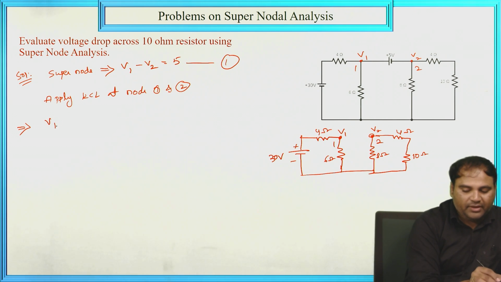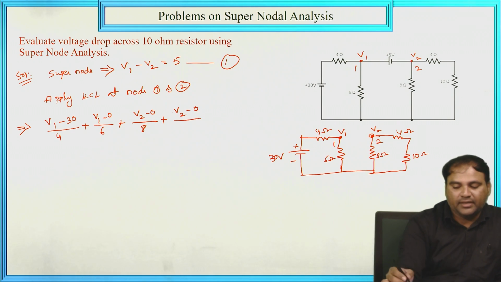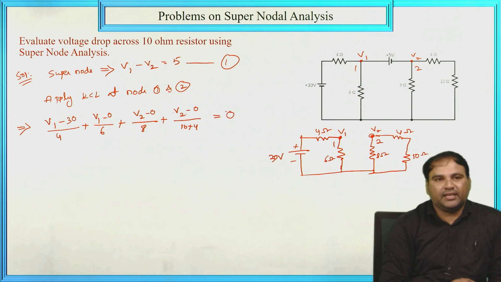So V1 minus 30 divided by 4 plus V1 minus 0 divided by 6 plus V2 minus 0 by 8 plus V2 minus 0 divided by, these two are connected in series, so 10 plus 4, that should be equal to 0 because there is no current source on the secondary side.